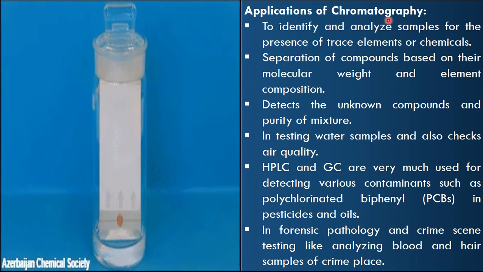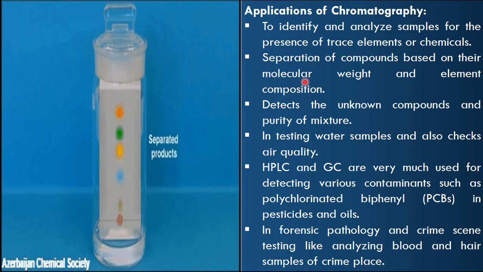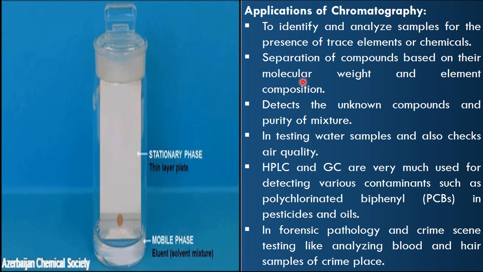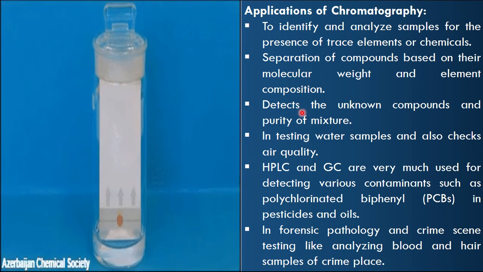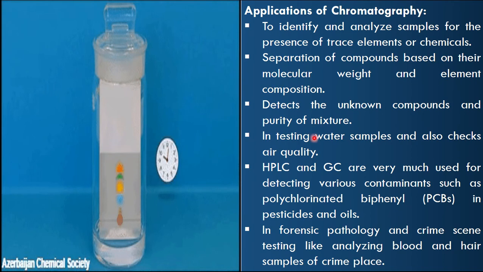Applications of chromatography: it is used to identify and analyze samples for the presence of trace elements, even in trace amounts. It is also used to separate compounds based on their molecular weight and element composition, to detect unknown compounds and to determine the purity of a mixture. It is used to test water samples and to check air quality.